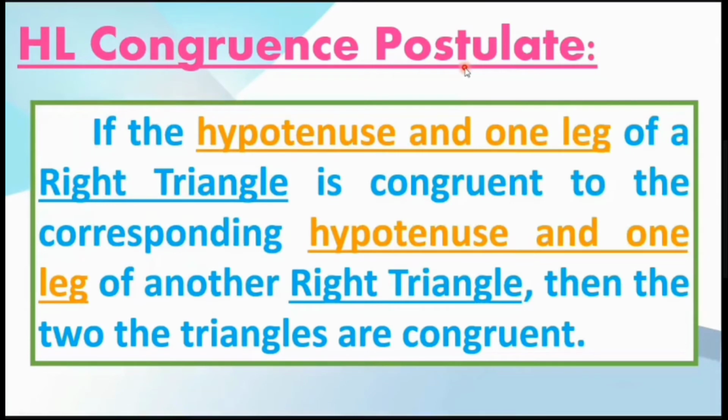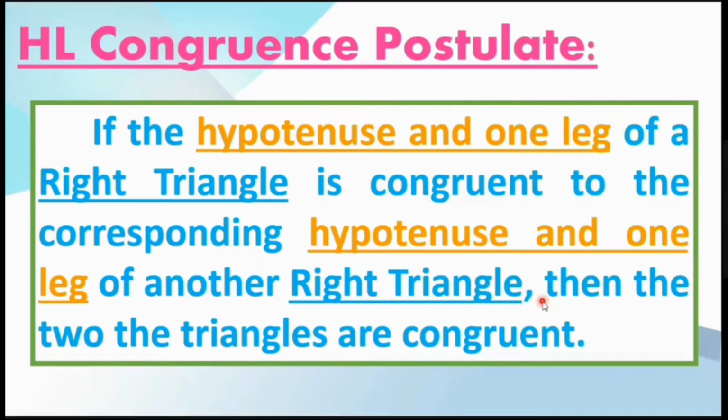If the hypotenuse and one leg of a right triangle are congruent to the corresponding hypotenuse and one leg of another triangle, then the two triangles are congruent. Ibig sabihin, kapag yung longest side or yung hypotenuse ng first triangle and one more leg of the first triangle are congruent to the hypotenuse of the second triangle and one more leg of the second triangle, therefore, those two right triangles are congruent.